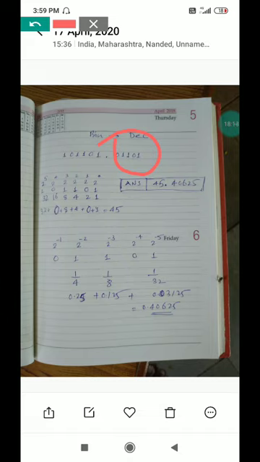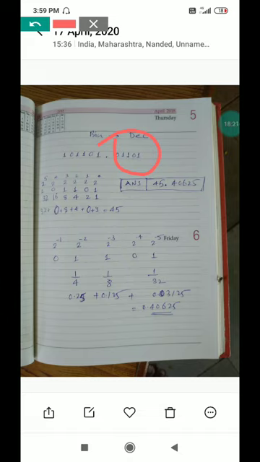Then 2 to the power minus 3 is also there, so it is 1 by 8 and you will consider 0.125. And the last bit you have to consider in this case is 2 to the power minus 5, it is 1 by 32 and the value is 0.03125.